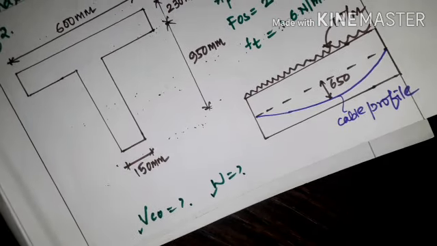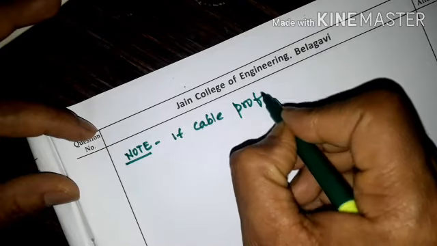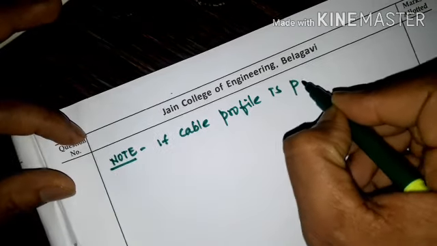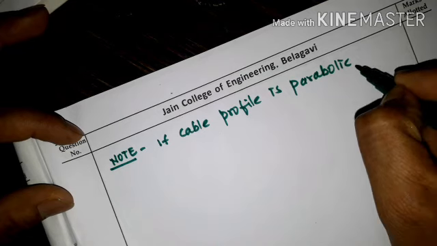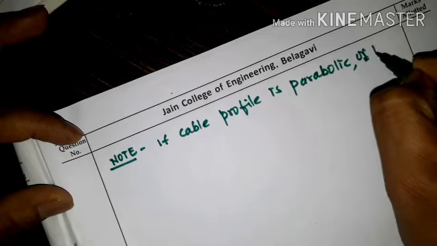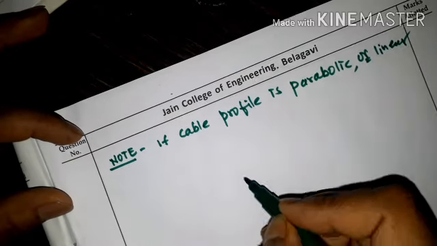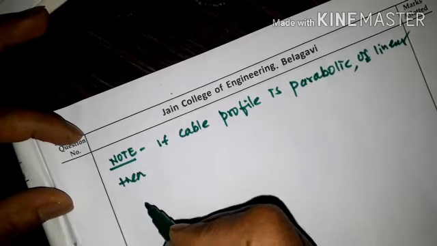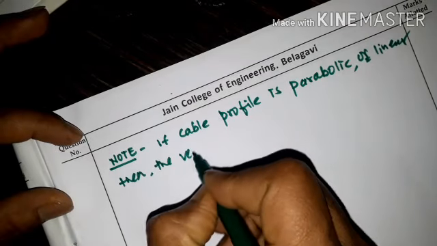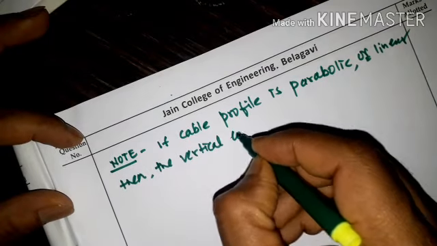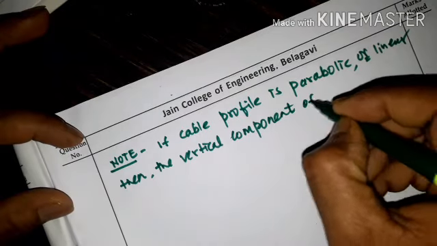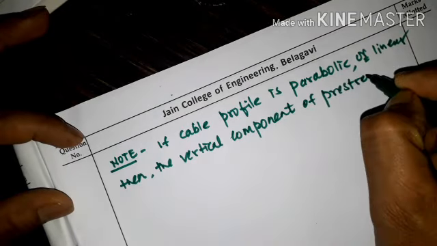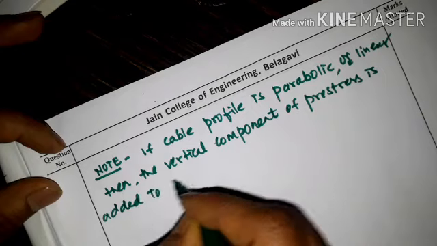If the cable profile is parabolic, or suppose it is linear, then the vertical component of pre-stress is added to VCO.